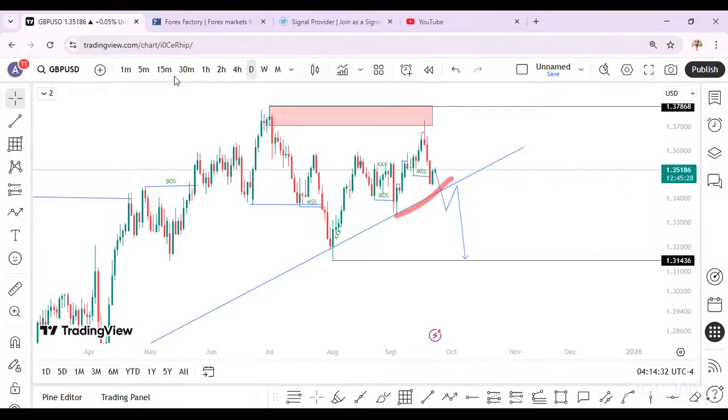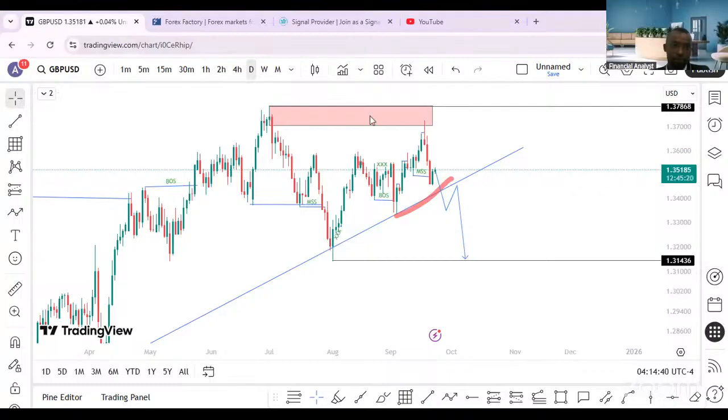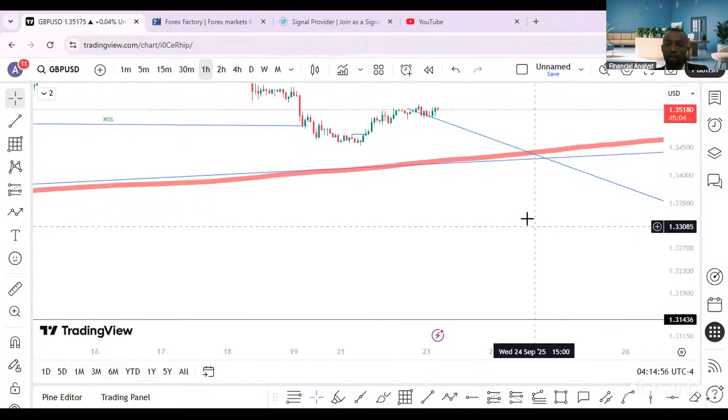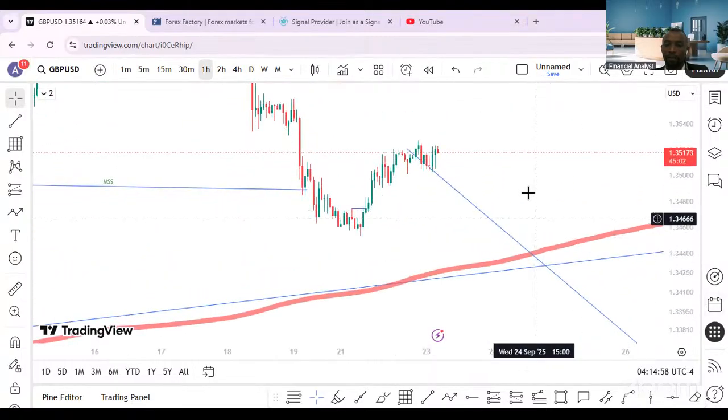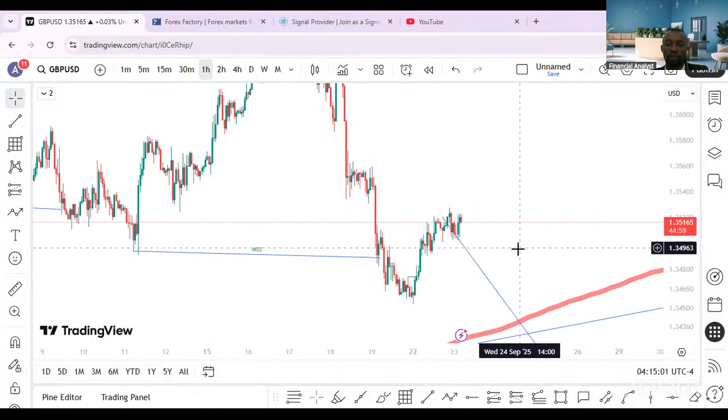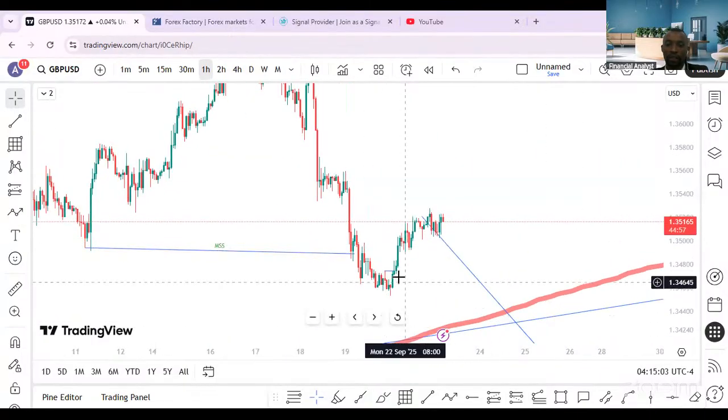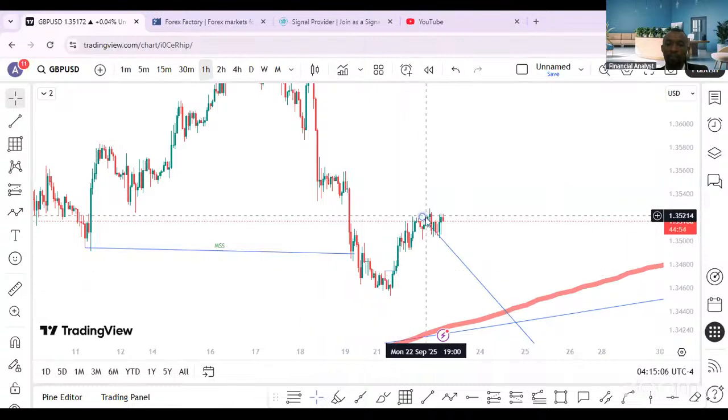So it's not advisable to sell GU for now, right? Yesterday I tried to be bullish around there, but I don't like the sluggishness of the price. When price is not giving me the momentum I need, I will just exit the trade. So I think I bought around here, and this morning I just cut out.